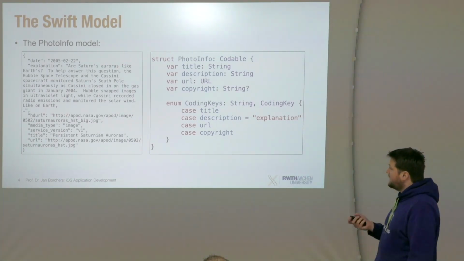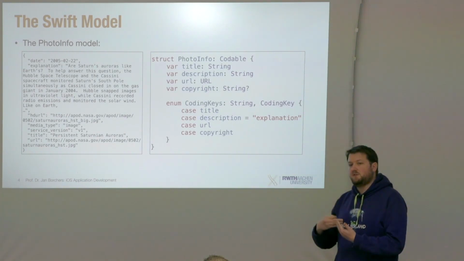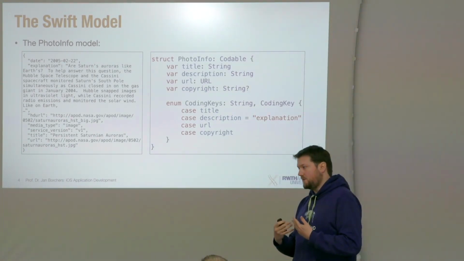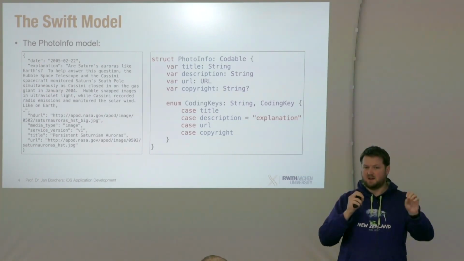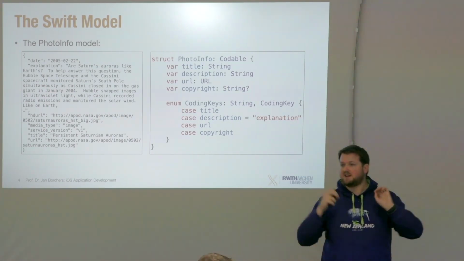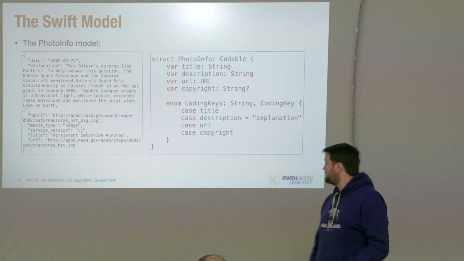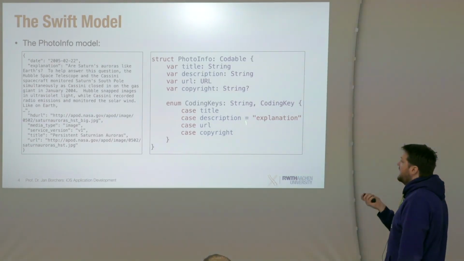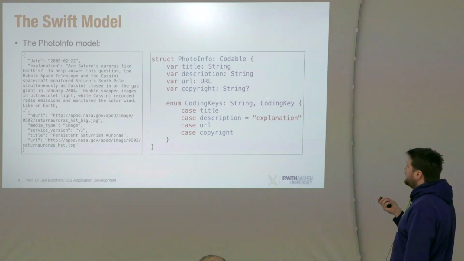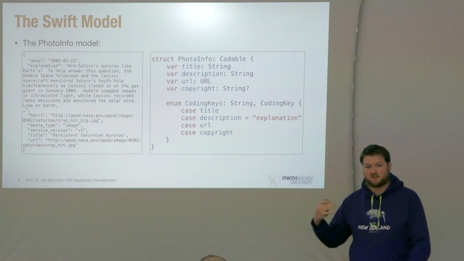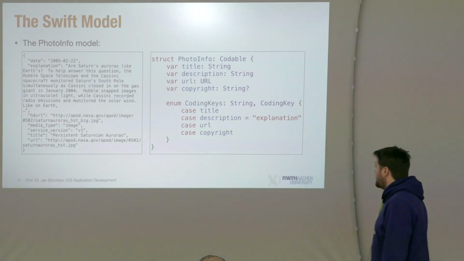So what you can then do is specify the coding keys, what name of the data matches the name in your model. And this is what this enumeration does. So in our struct, we add an enumeration with the coding keys that also has the protocol for the coding keys, mentions that this is the component there.